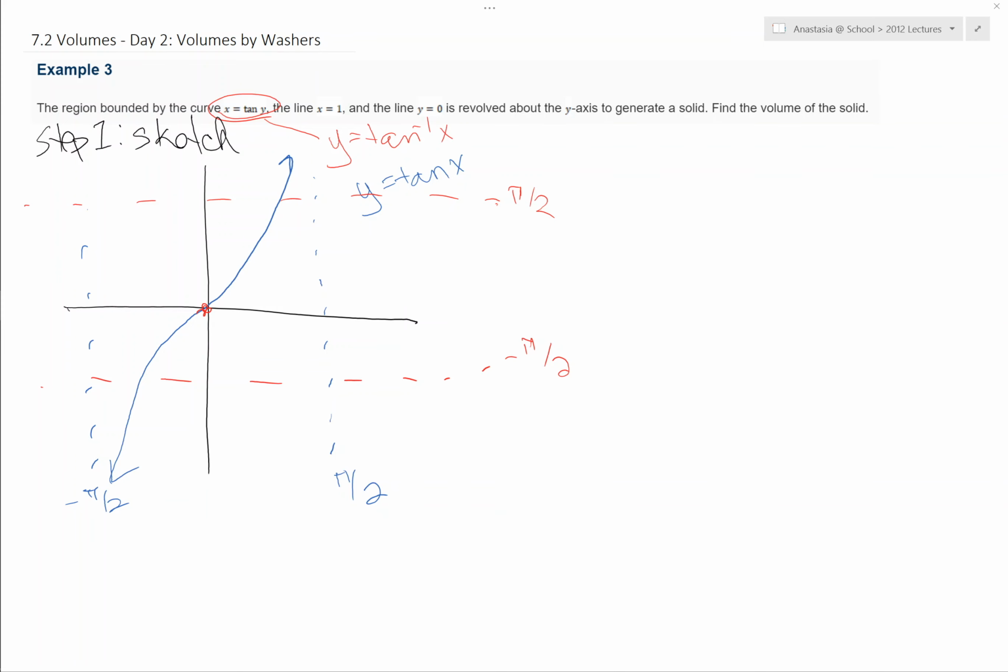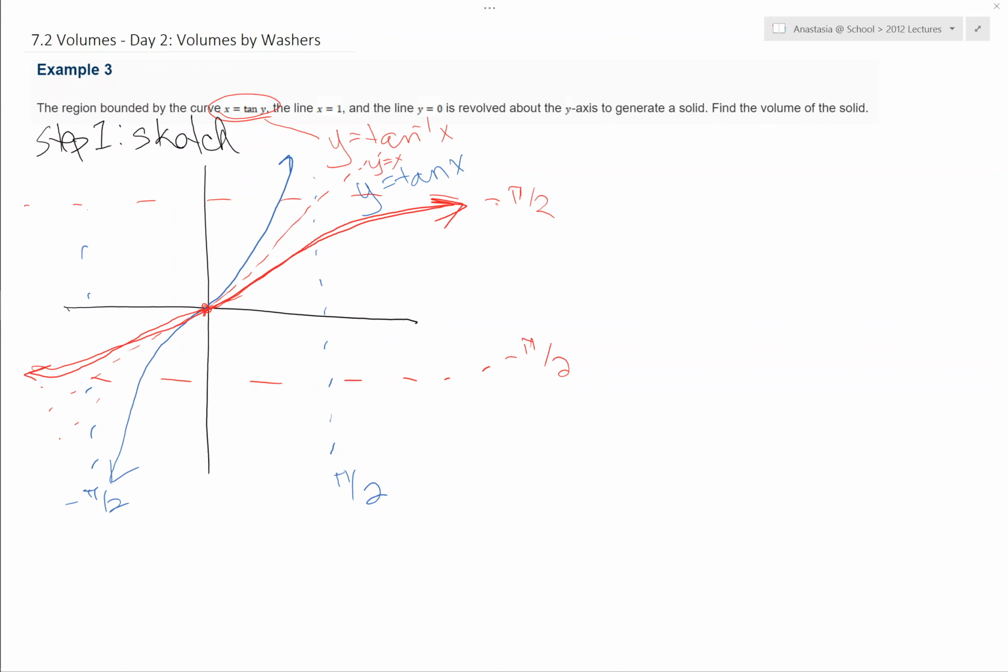And if we draw the line y equals x and then flip our curve over that line, oops, we're going to have an intersection there. And it will look something like this.